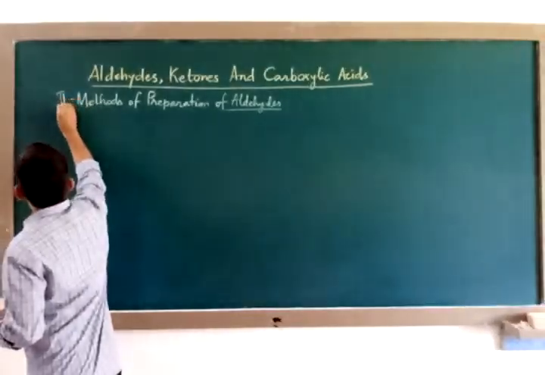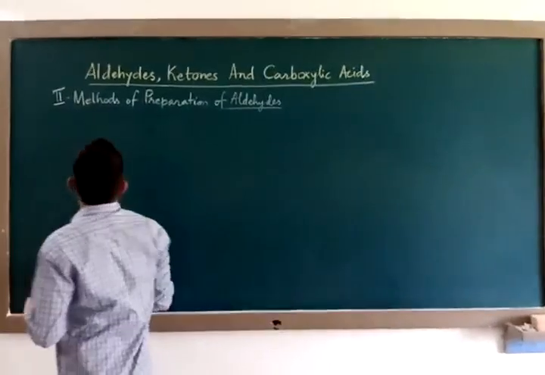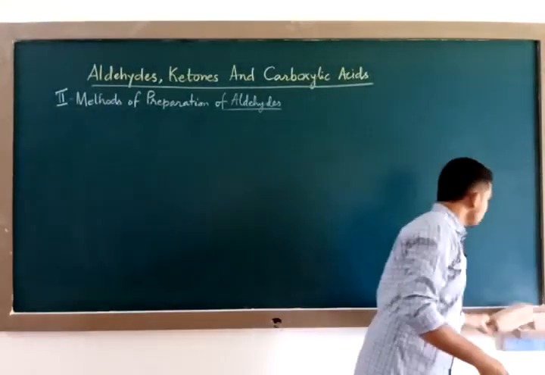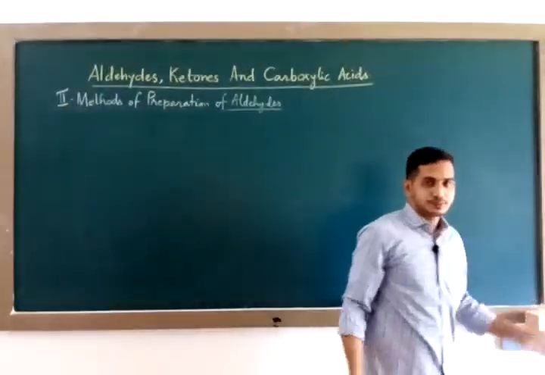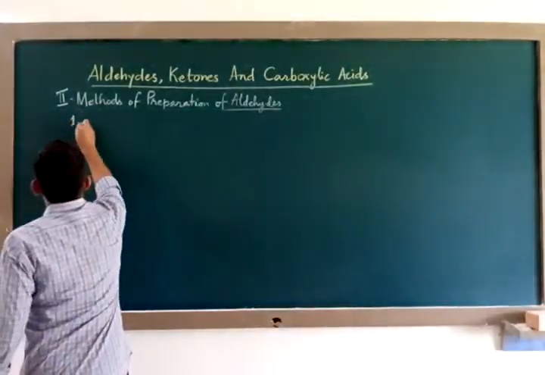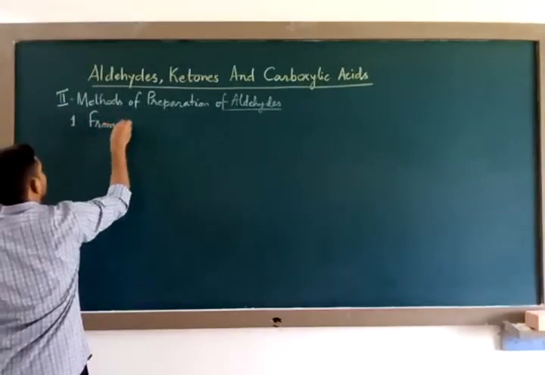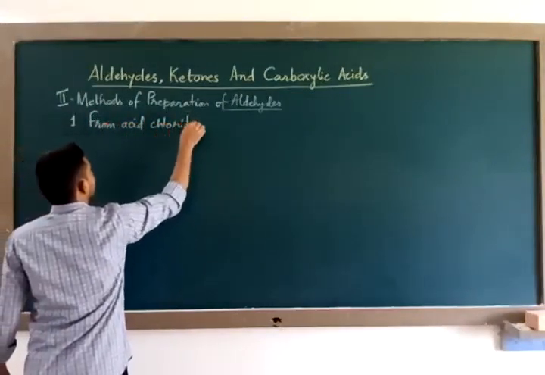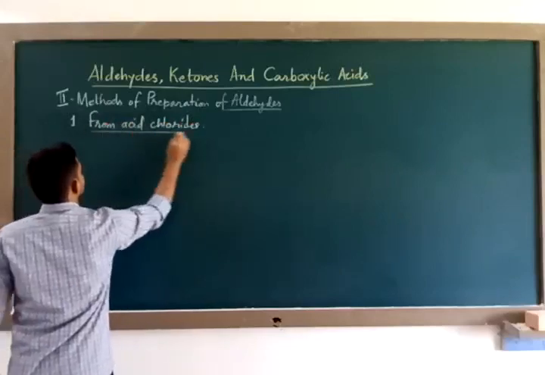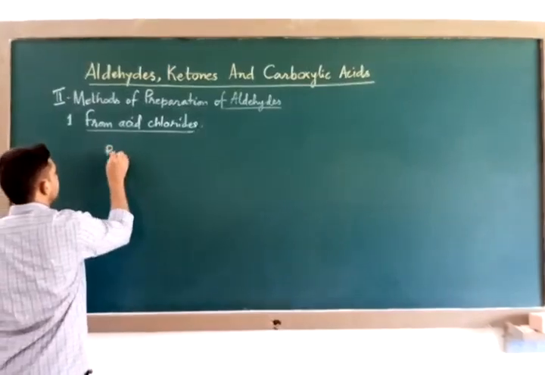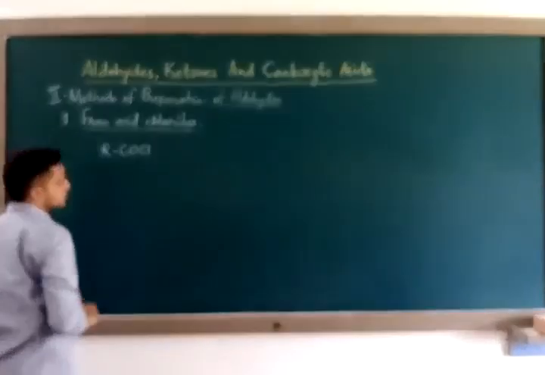So the second part is methods of preparation of aldehydes only. Means by these methods you cannot prepare ketones. Under that, the first method is by using acid chlorides or acyl chlorides, both are same. How is this done? The general formula of acid chloride is RCOCl.